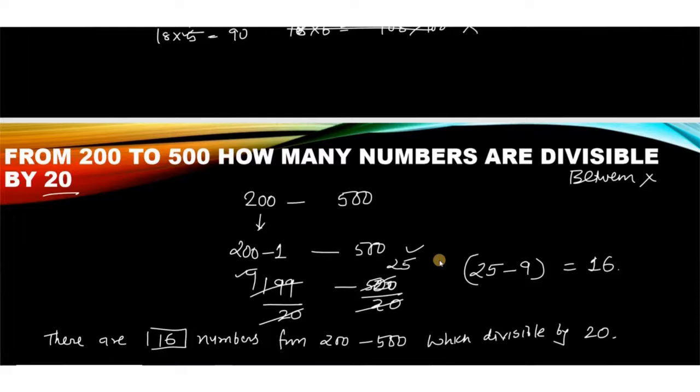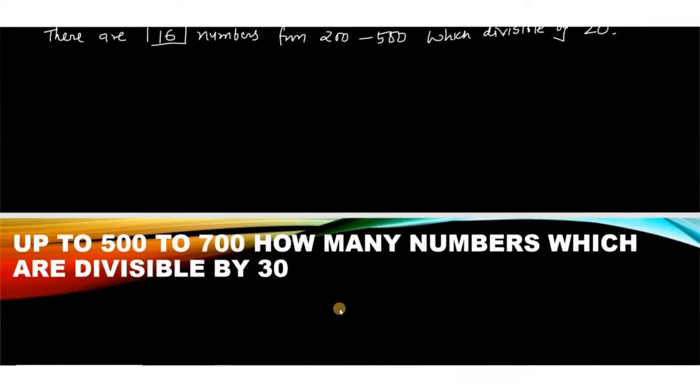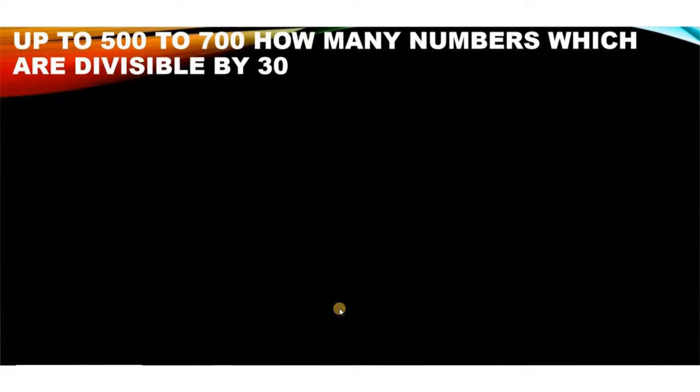Let us take one more example so the matter will be very clear. Up to 500 to 700, how many numbers which are divisible by 30? So here it is clearly written up to, and when there is up to, what we need to do?